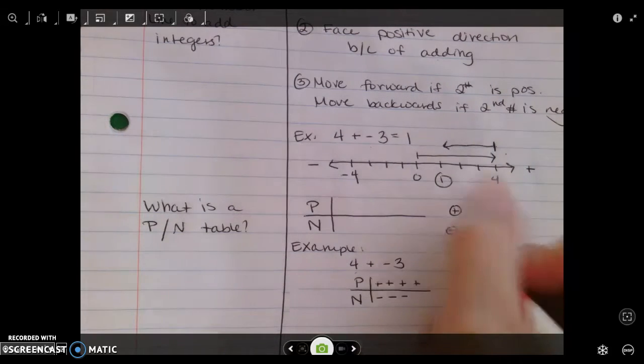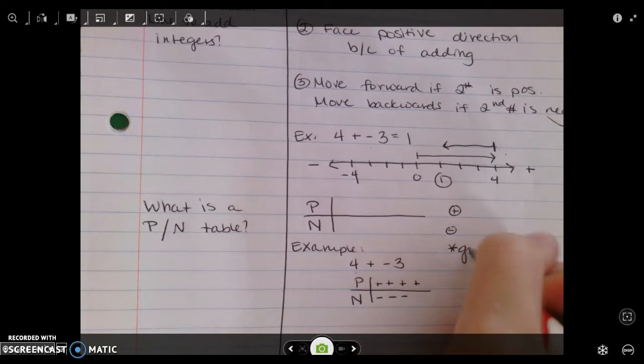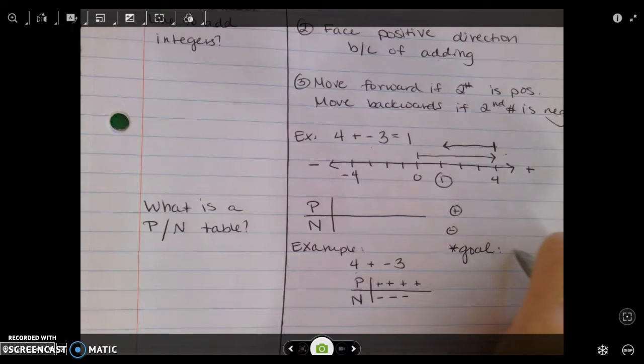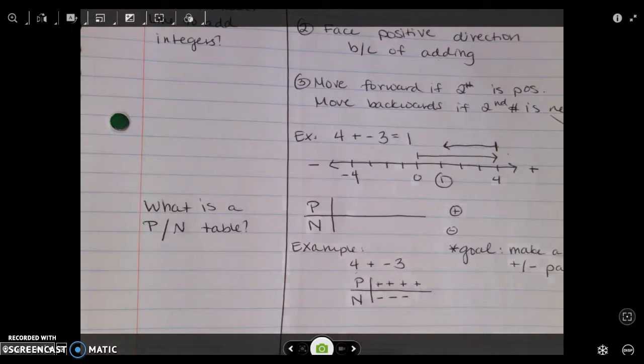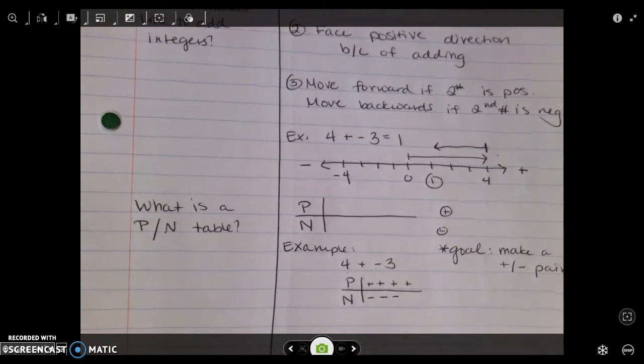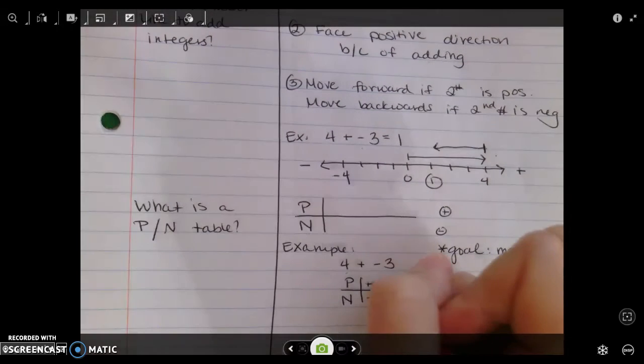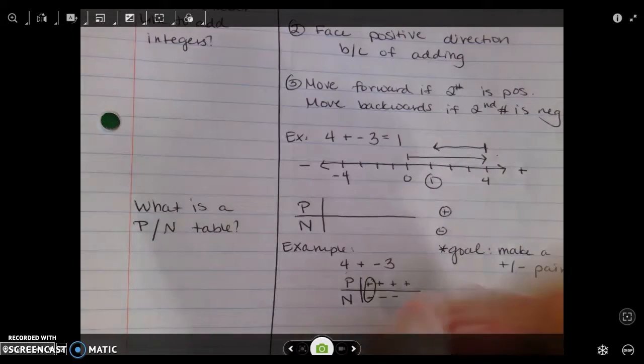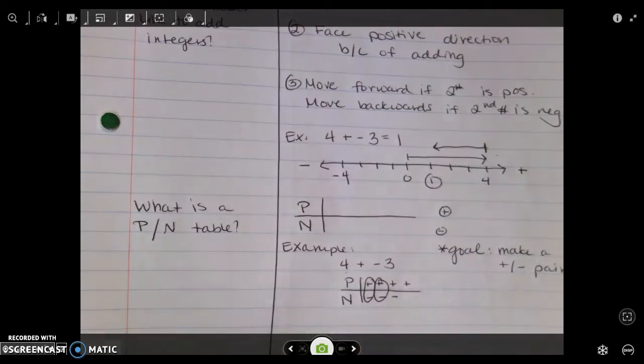What I want to do, your goal, is to make a positive-negative pair. That's your ultimate goal.